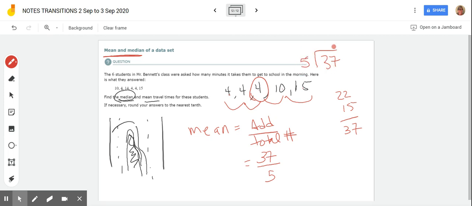Okay, how many times does 5 go into 37? It goes in there 7 times, which is 35. And you get 2, you add the decimal, add a 0. That was easy, 7.4. Okay, so the mean is 7.4. All right, that is it for your last day of notes on this unit.